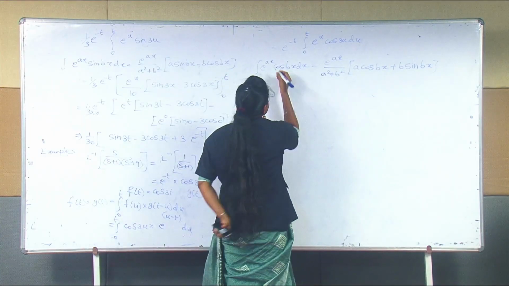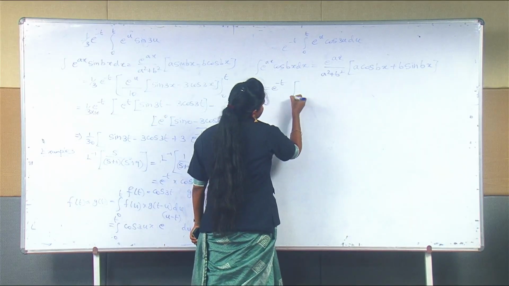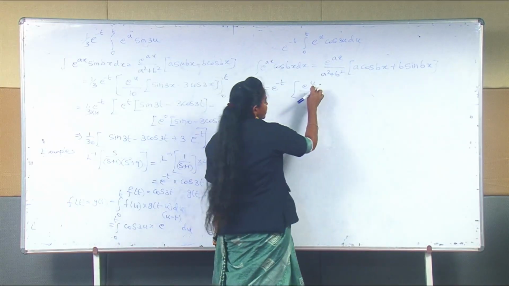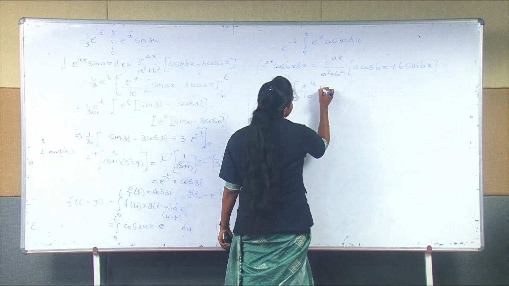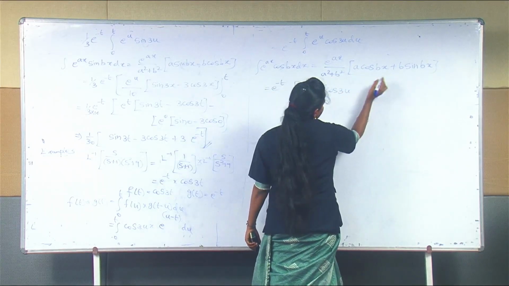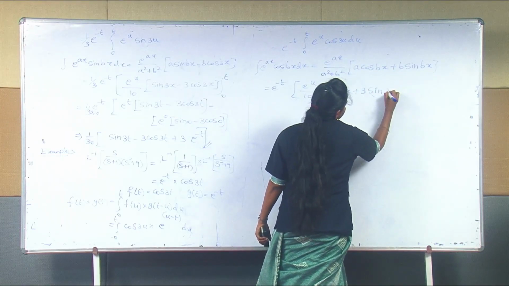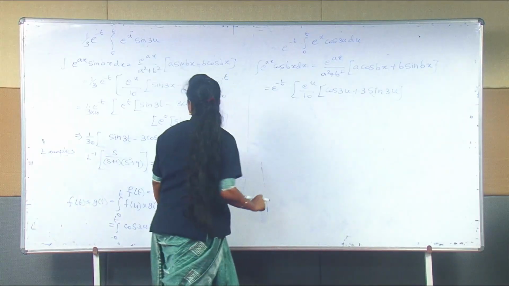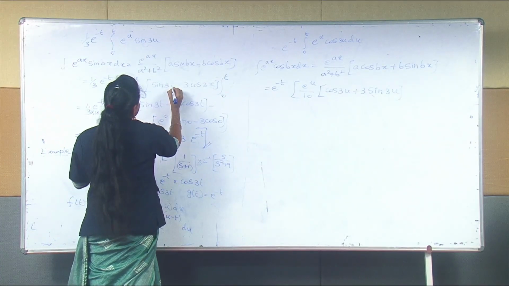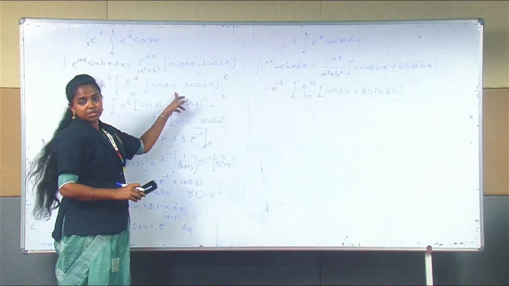I am going to substitute this formula directly, that is e power u by 10. Here a is 1, b is 3. So e power u divided by 10 into cos 3u plus 3 sin 3u. Here also we should have u, because we are integrating in terms of u.